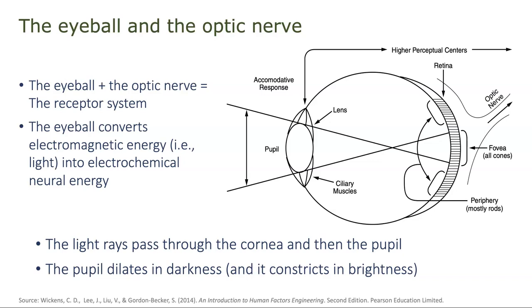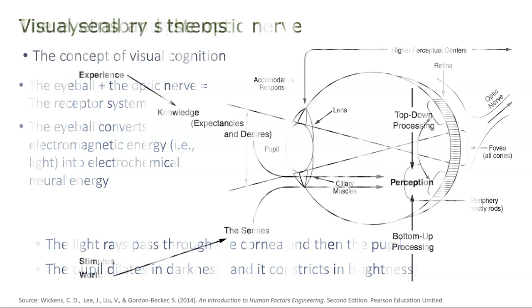The pupil dilates in darkness, and it constricts in brightness. The light rays pass through the eyeball and hit the retina surface. Then these signals are transformed into electrochemical signals and sent to the brain by means of the optic nerve that you see on the rightmost part of this figure.